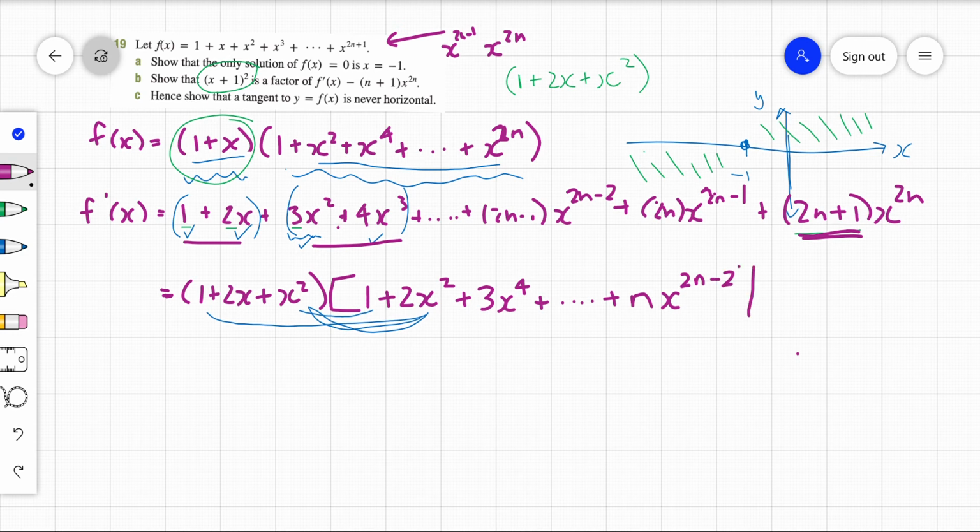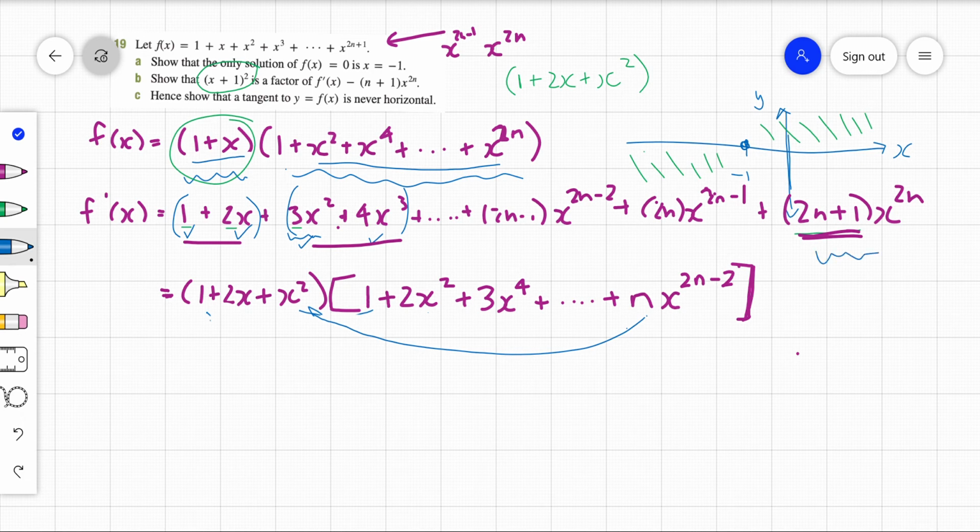How do I know that? I know there are going to be n terms, because that's half of 2n, even though I've got 2n plus 1 terms. And I know, remember, I'm going to get a remainder. So when I times this by 1 first, we get our n lots of x to the power of 2n, but remember it doesn't give us all of that last one.